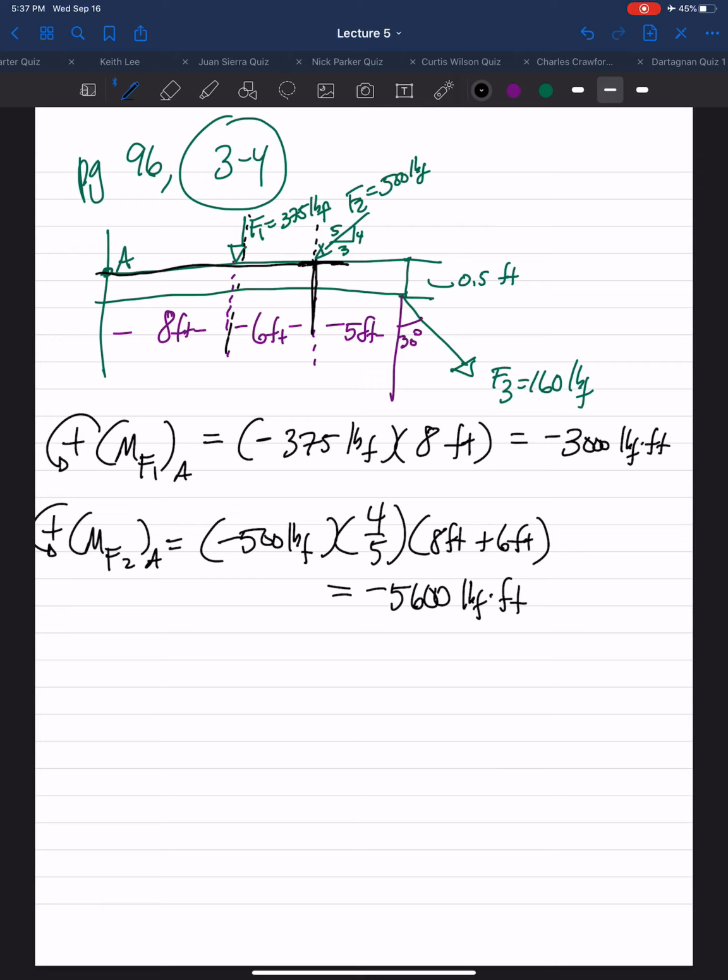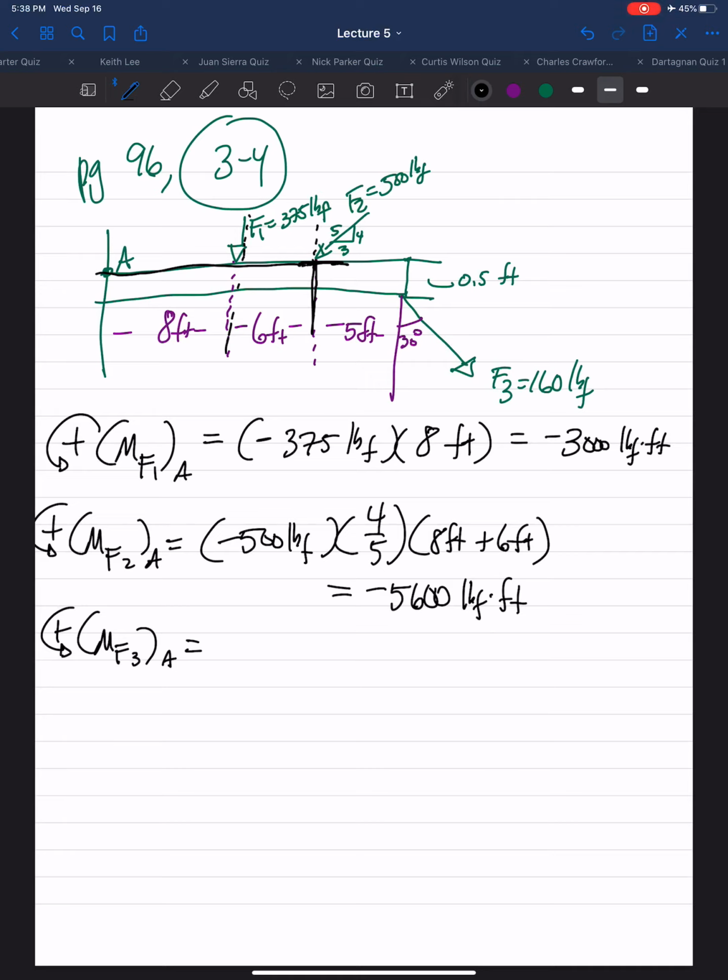So last but not least, the moment force 3 causes about point A. So once again, our perpendicular distance. Here, if you notice, they gave us a point A, the beam has some thickness of 0.5 feet. Point A is on the top of the beam, and this force is applied at the bottom of the beam.